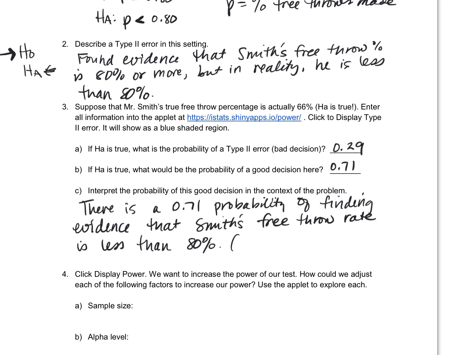So I'm just going to put in parentheses: we correctly rejected the null. We just put that in context. That's all we did. We found evidence that his true free throw rate is really less than 80%.